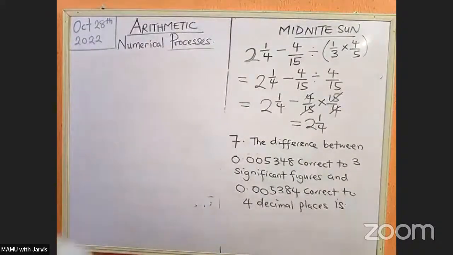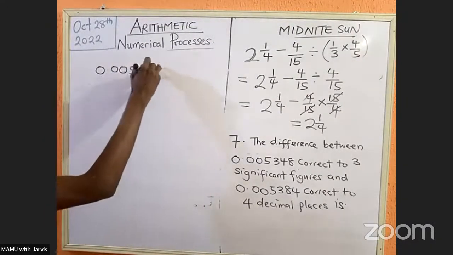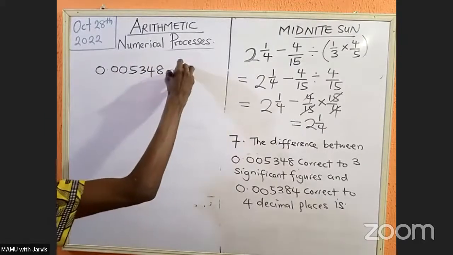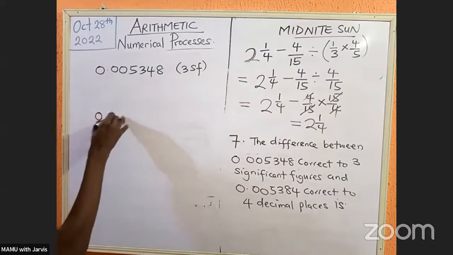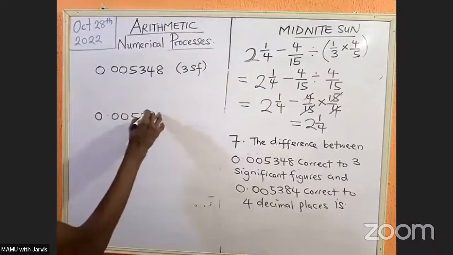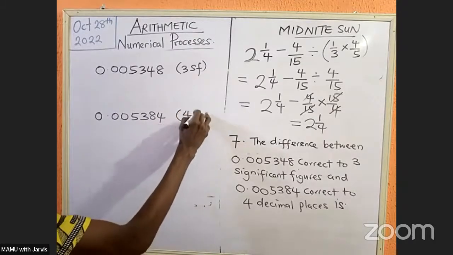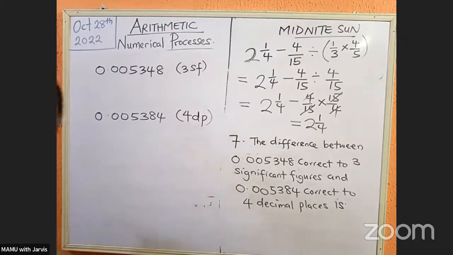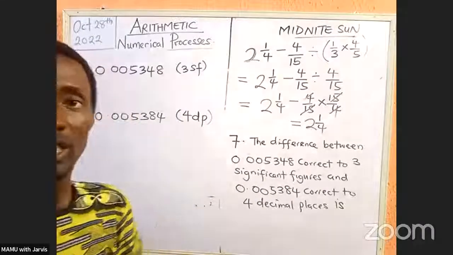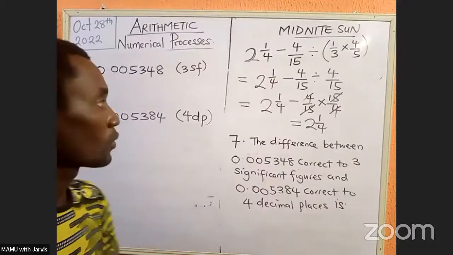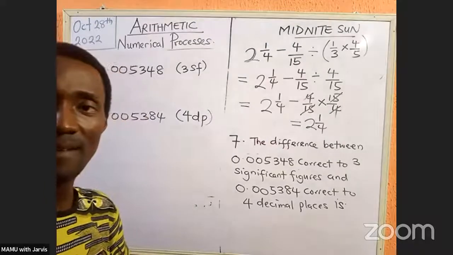So step 1, you need to make 0.005348 to 3SF. And then you need to make 0.005384 to 4 dp. Whatever you get, okay, we already have an answer.